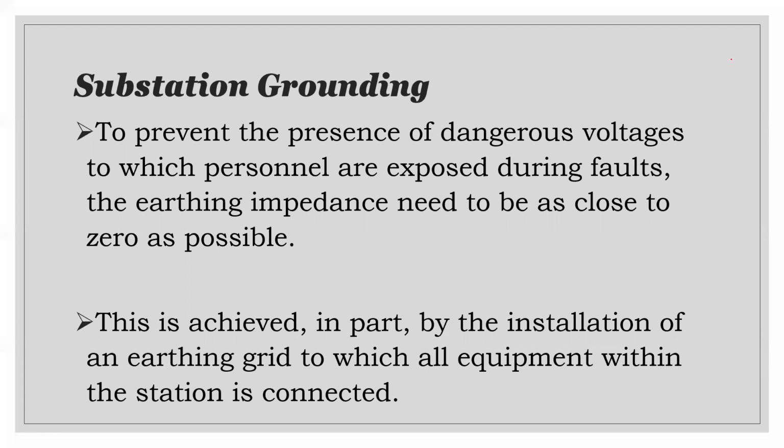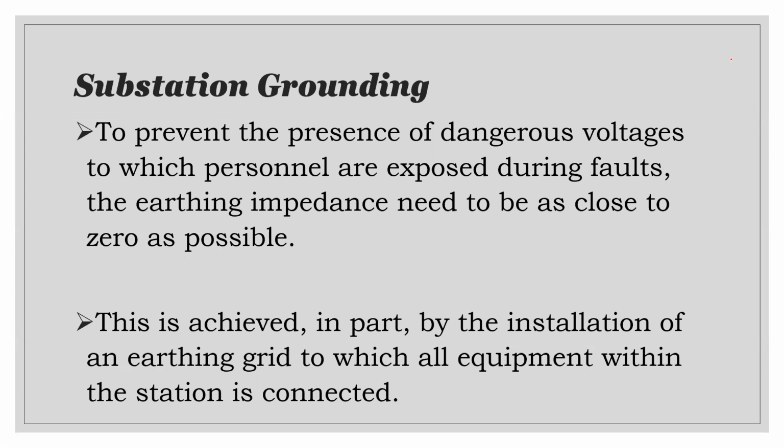Substation grounding. Persons are walking around in a power station or touching equipment, because people have to work in there. Let's get that clear. We don't know when a fault will occur. And when the fault occurs, you can have dangerous voltages occurring between your legs, or when you're touching a piece of equipment. One of the key ways of reducing this possibility is to have the earthing impedance as low as possible.